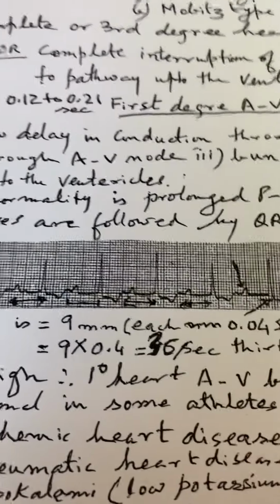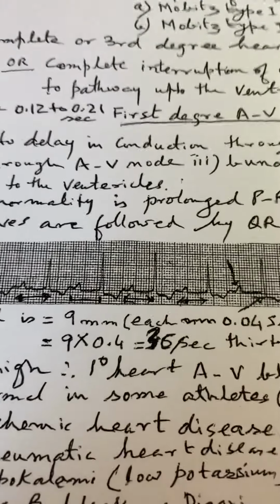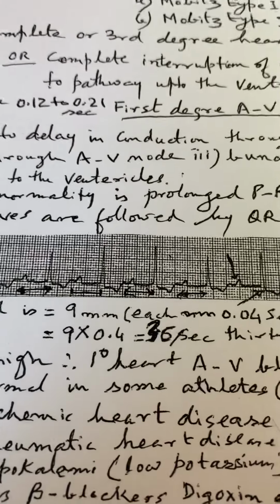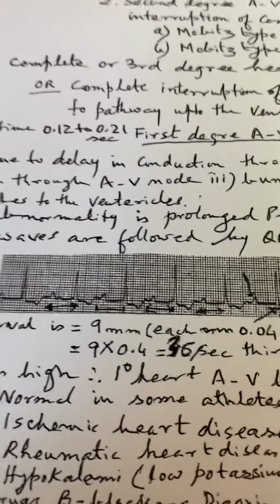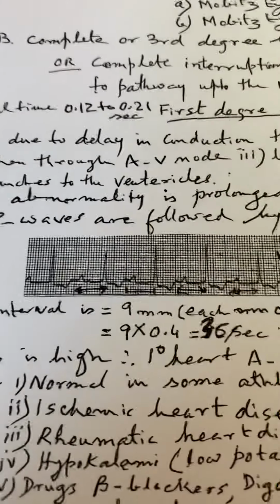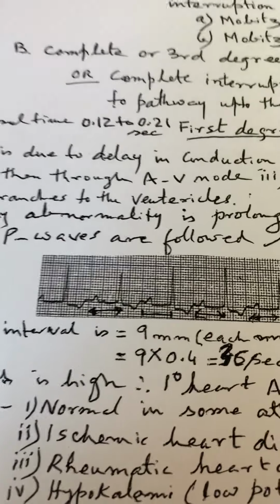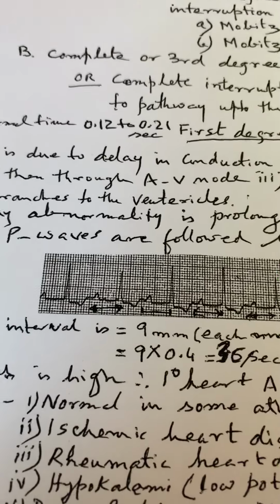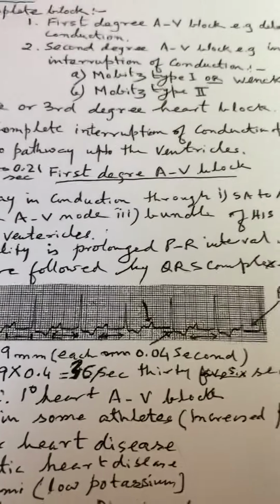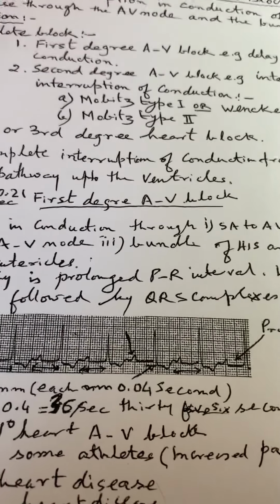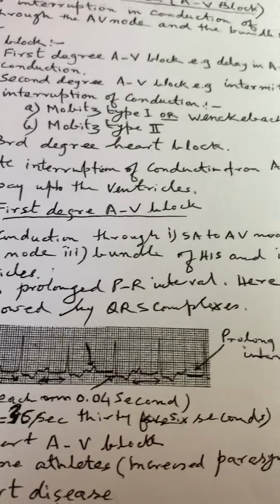This is the path through which it is passing, and it takes 0.12 to 0.2 second to travel from atrium to the ventricle. What we see in first degree AV heart block is only a prolongation of the PR interval. There is no other problem except the prolongation of the PR interval.